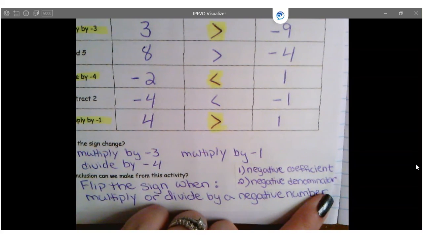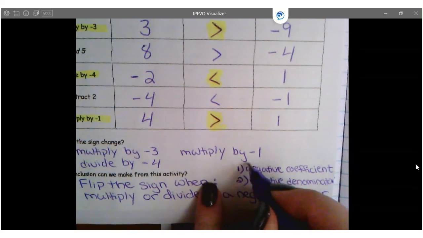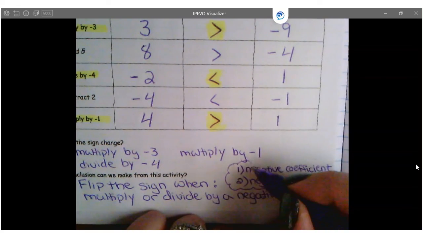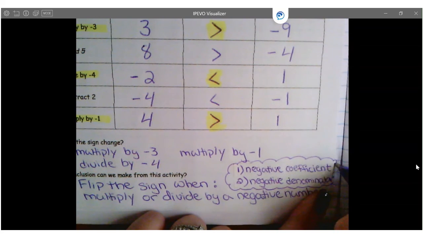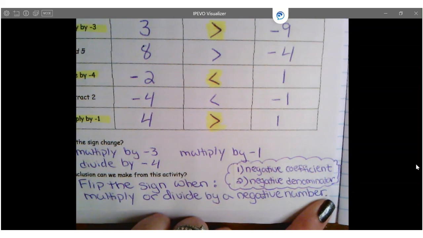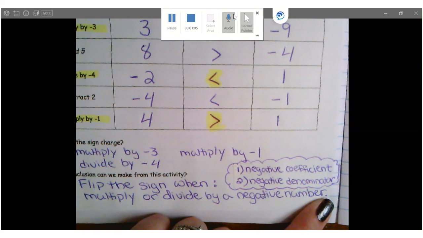So if you had a negative coefficient or a negative denominator to start with, that would require you to multiply or divide by a negative number when you go through the process of solving the inequality. So you may see that in some of the questions that you have to solve today in class.